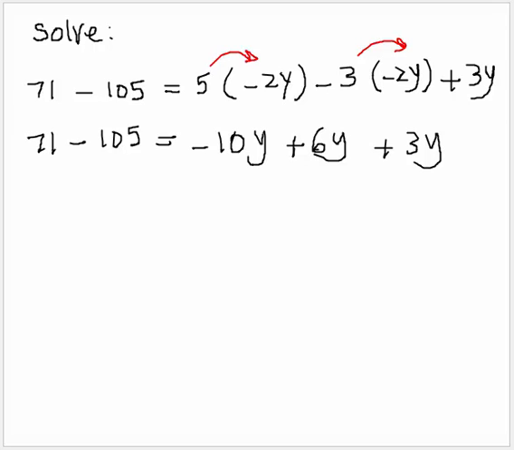Minus 34, that's correct. On the right hand side, I can combine these two at a time. Minus 10y plus 6y gives me a total of minus 4y. Don't forget the variable.